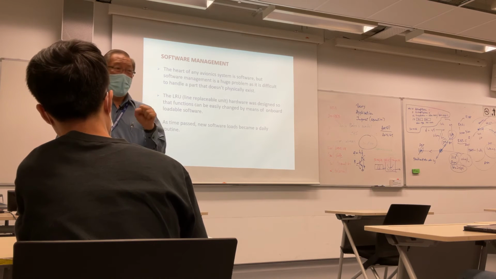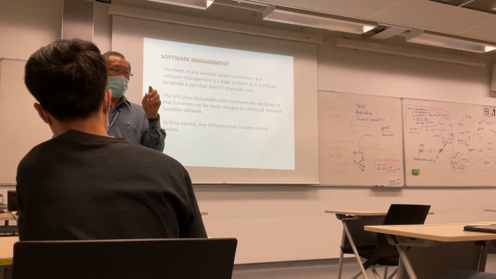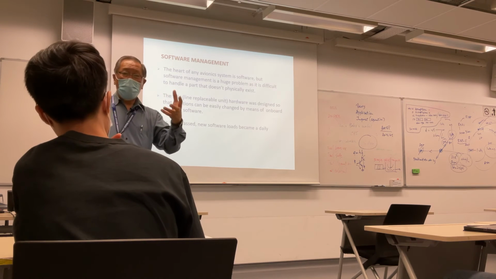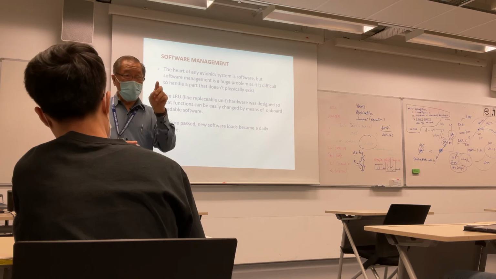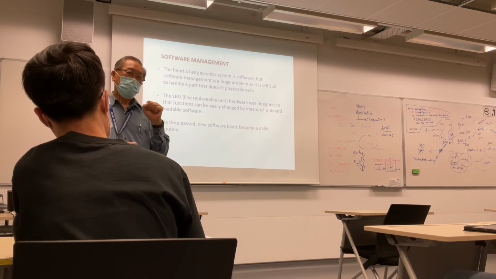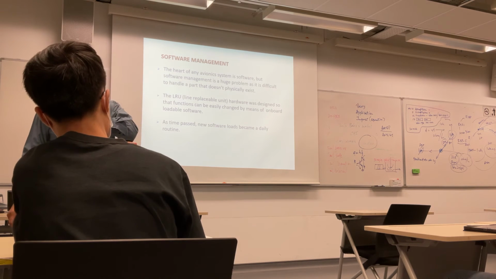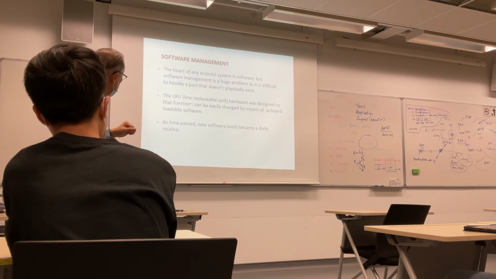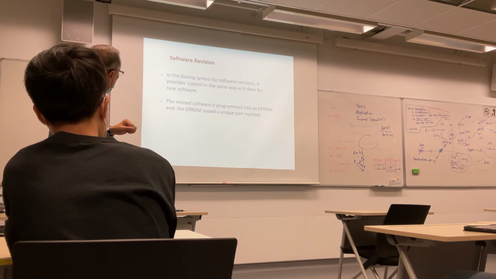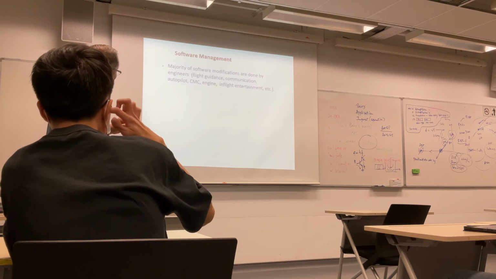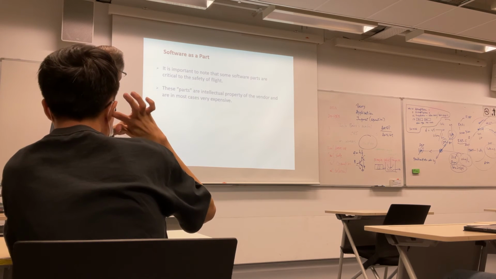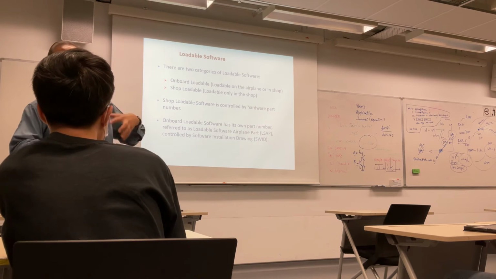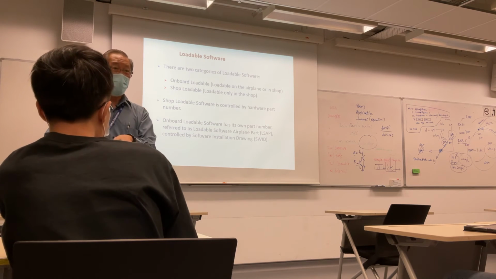But if it's online loadable software, the software carries a part number, separate from the hardware. But if the software is what they call shop loadable software, loadable in the workshop, that means nobody can tamper with it.